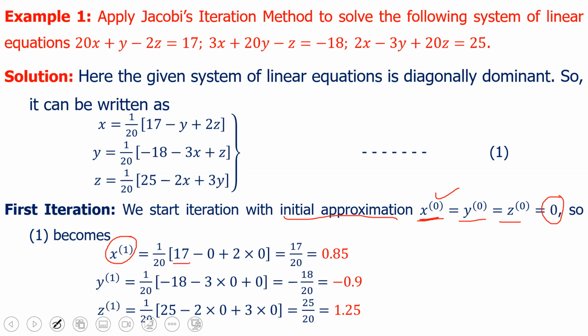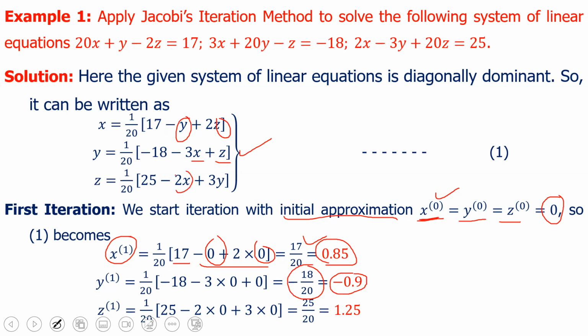So now here 17, the value of y is 0, the value of z is 0. So this is 17 upon 20. If we simplify it, we are getting 0.85. In the same manner, if we put the values of x and z as 0 in the second equation, we are getting minus 18 upon 20, which is minus 0.9.